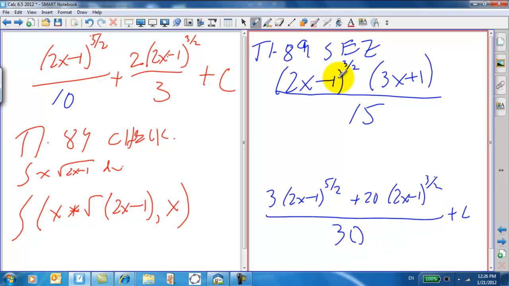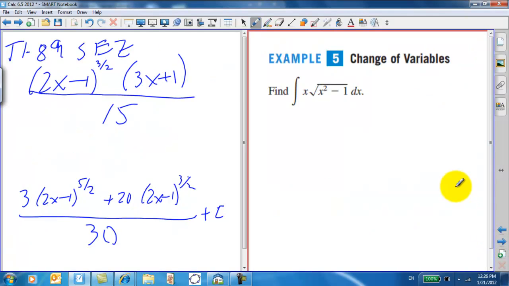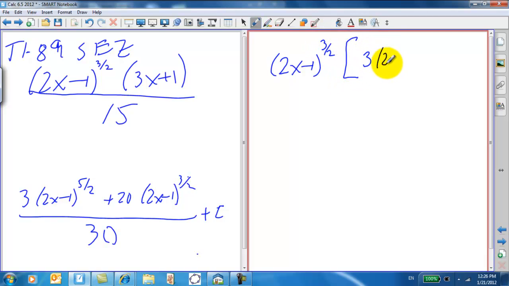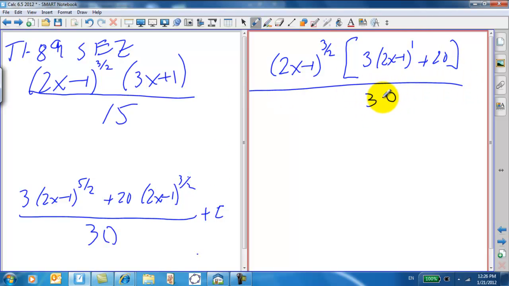And then it looks like they factored out 2x minus 1. So let's try that. 2x minus 1 to the 3 halves. That's going to leave behind 3 times 2x minus 1 to the first, plus 20, all over 30.